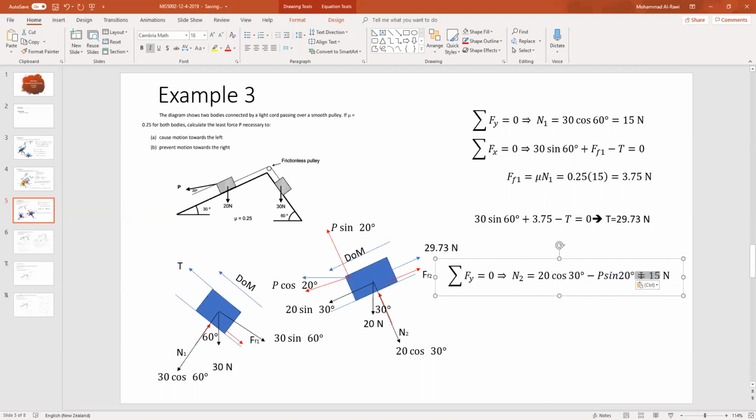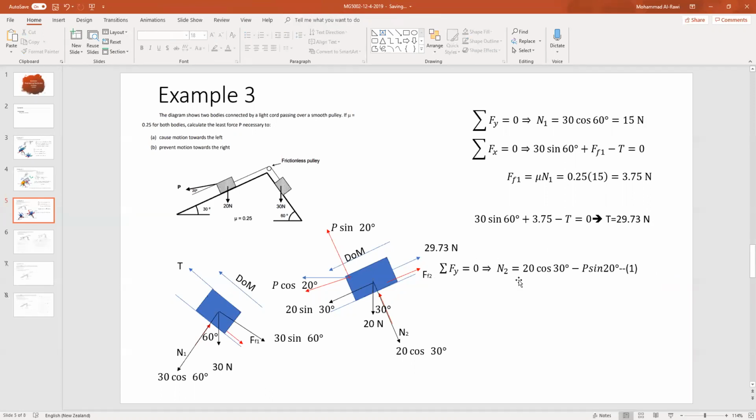It's not equal to 15 anymore because we don't have the value for it. And this one, we call it equation 1. All right. Now that's N2 because we have this one and this one. Both of them are acting in the y direction, the perpendicular direction.